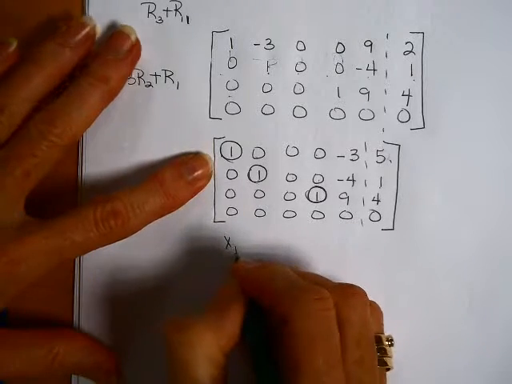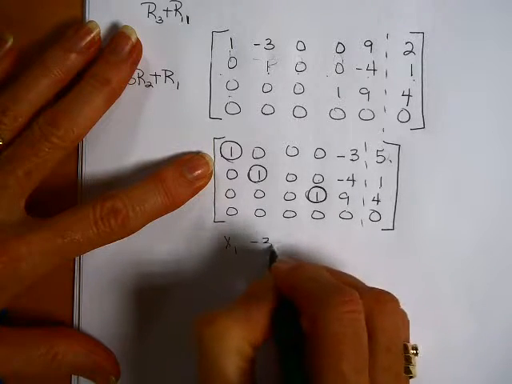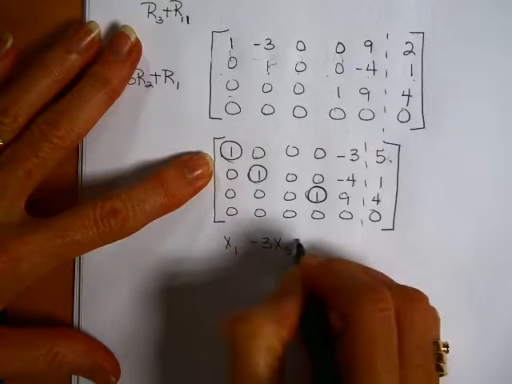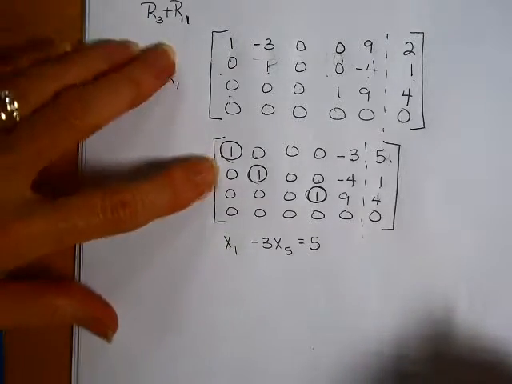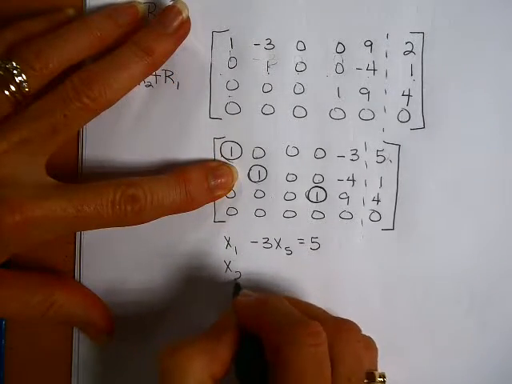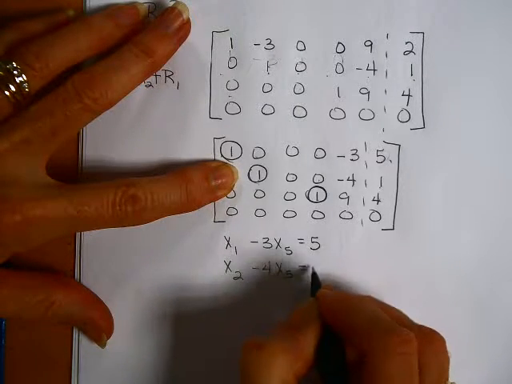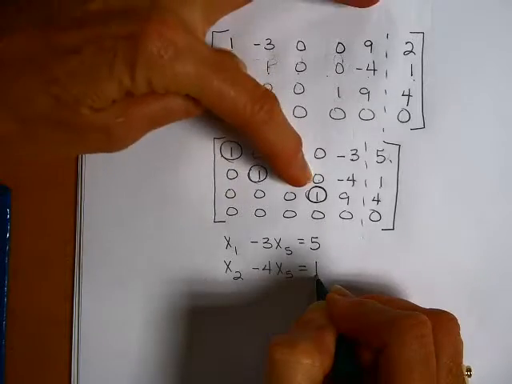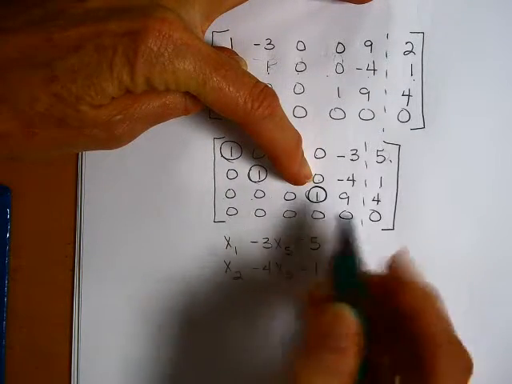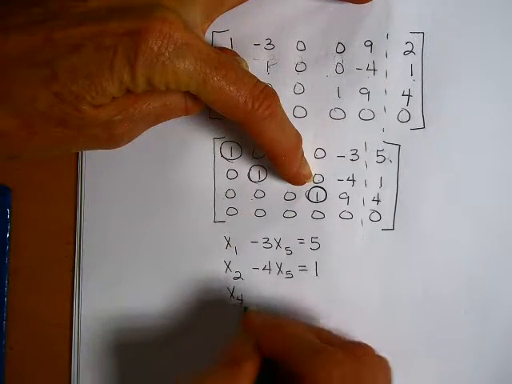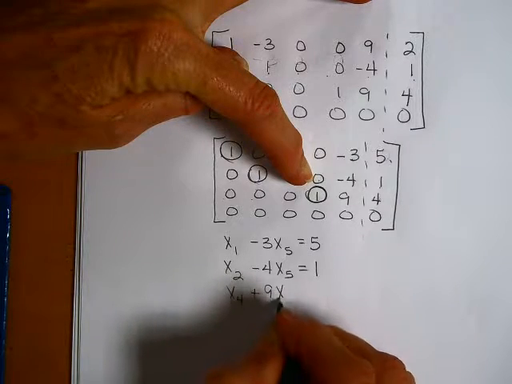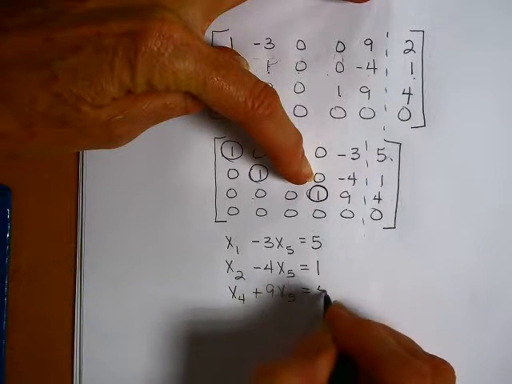So this says x1 minus 3x5 is 5. This one says x2 minus 4x5 is 1. And this one, x4 plus 9x5 is 4.